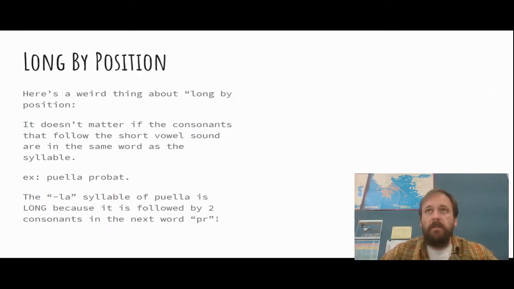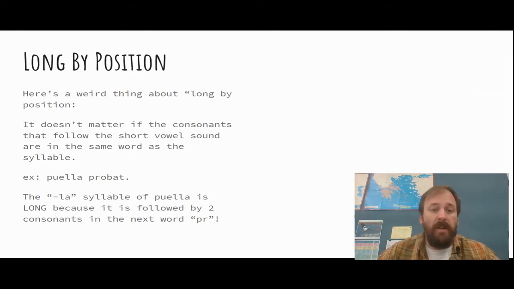There is something strange about long by position syllables. A syllable can be considered long by position even if those consonants that follow the short vowel are not in the same syllable, even if they're not in the same word. So I've given you an example. Puella probat.